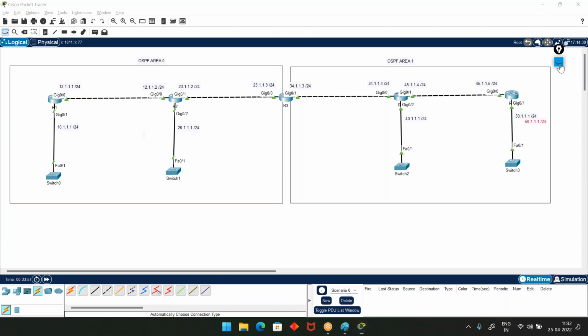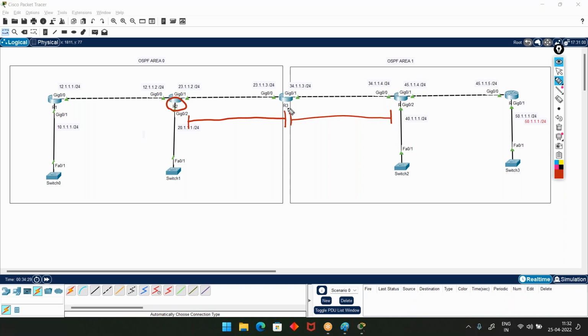First of all, see this. R3 will form the neighborship with which routers? R2 and R4. The neighbor table shows only the neighbors' information.